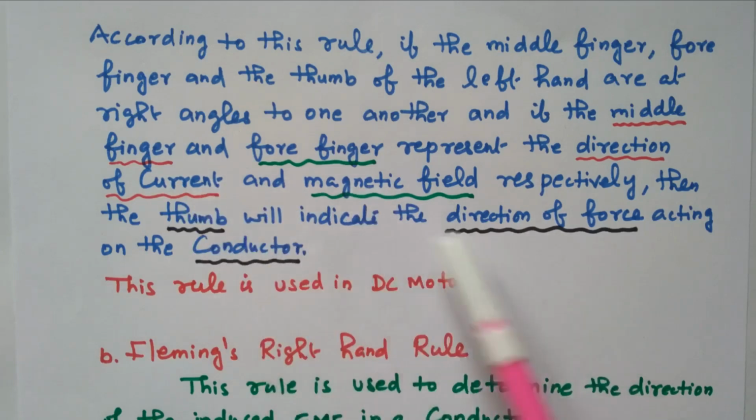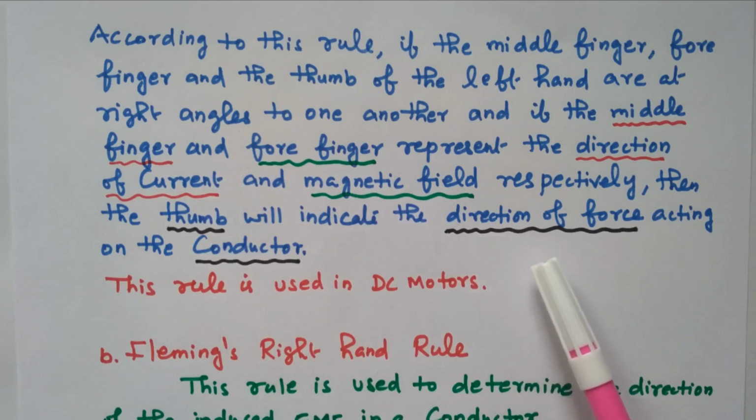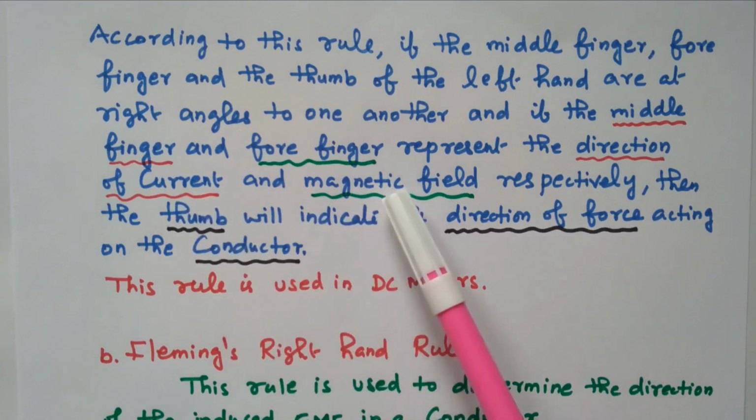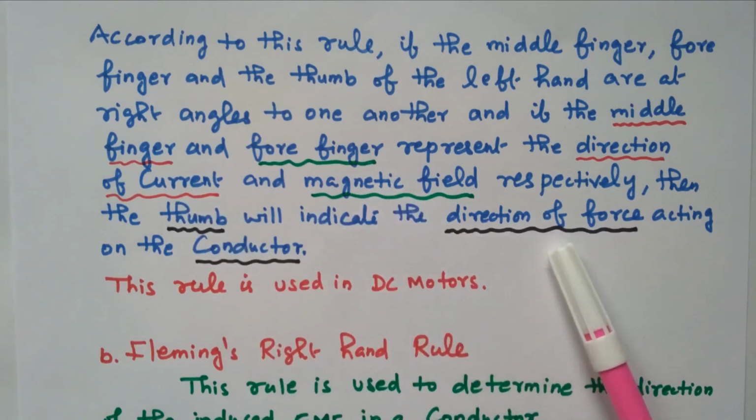These three things are given by Fleming's left hand rule, and all three are perpendicular to each other. When the current flows, the magnetic field is created and the conductor, the armature, starts rotating. Now we'll go to Fleming's right hand rule.